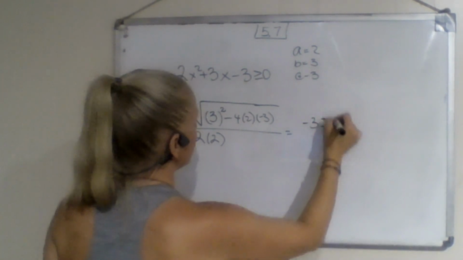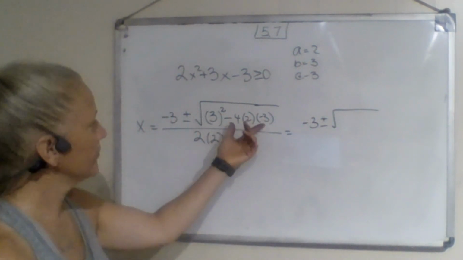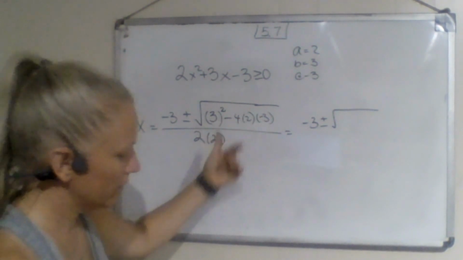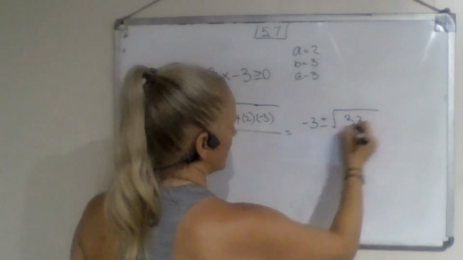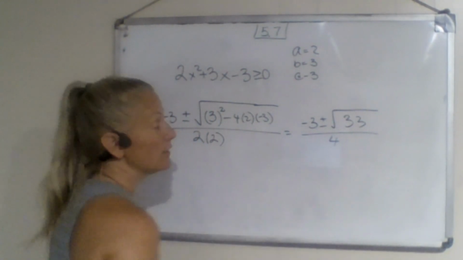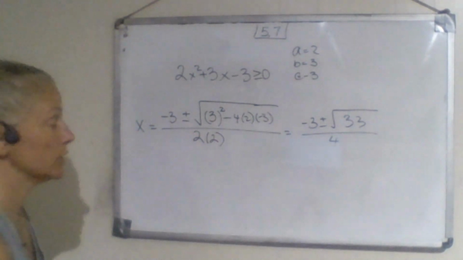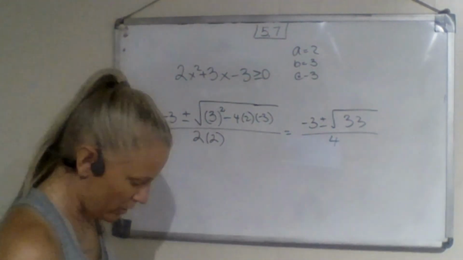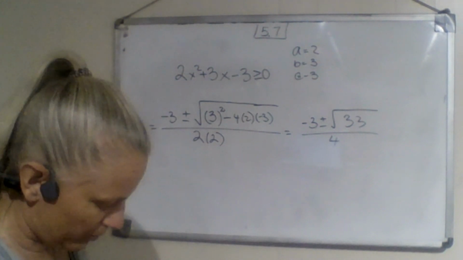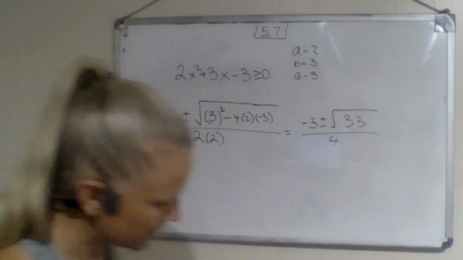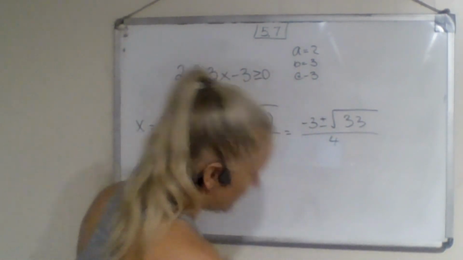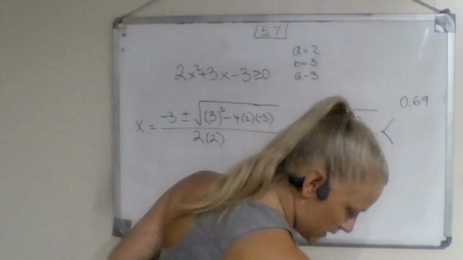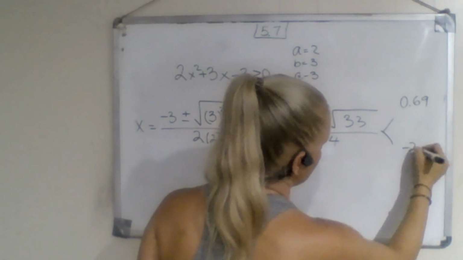Negative 3 plus or minus, this becomes a positive 24, plus 9, 33, all over 4. I have two different solutions, right? I don't know what they are exactly, but I can put this in the calculator: what is negative 3 plus square root of 33, all over 4? I get one of them is 0.69. The other solution is about negative 2.19.